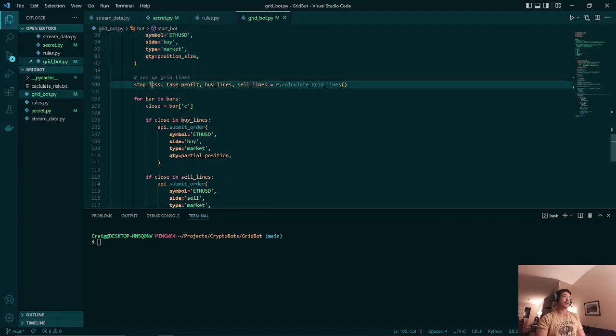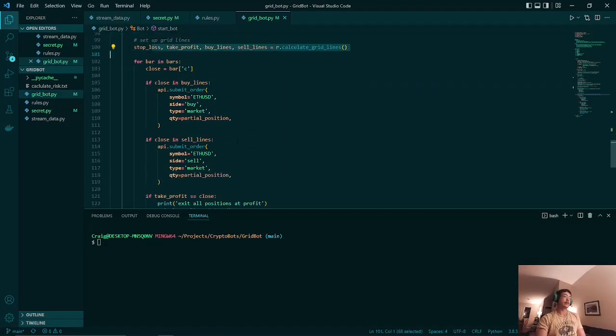After that, we'll set up our grid lines, and then we will essentially iterate through all of our bar data, and then we will execute buy and sell orders based on where the close of our Ethereum data is.